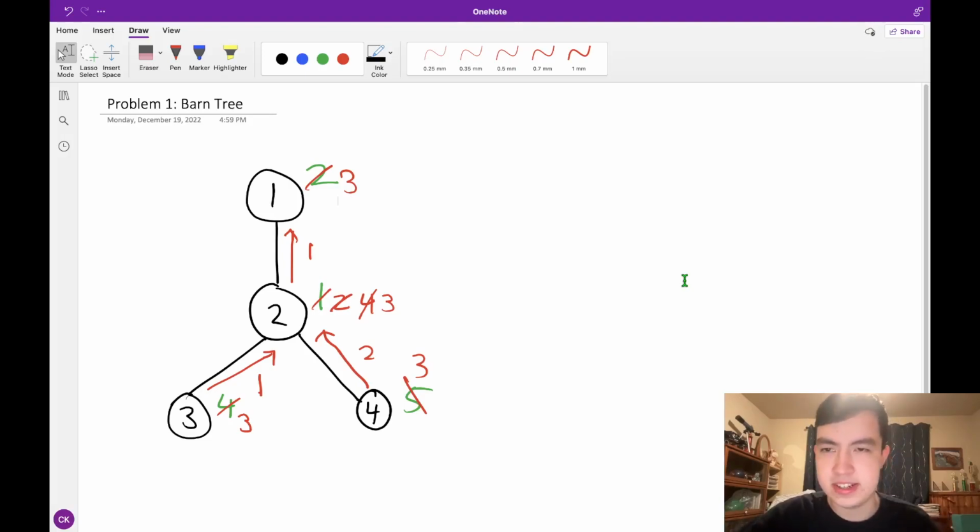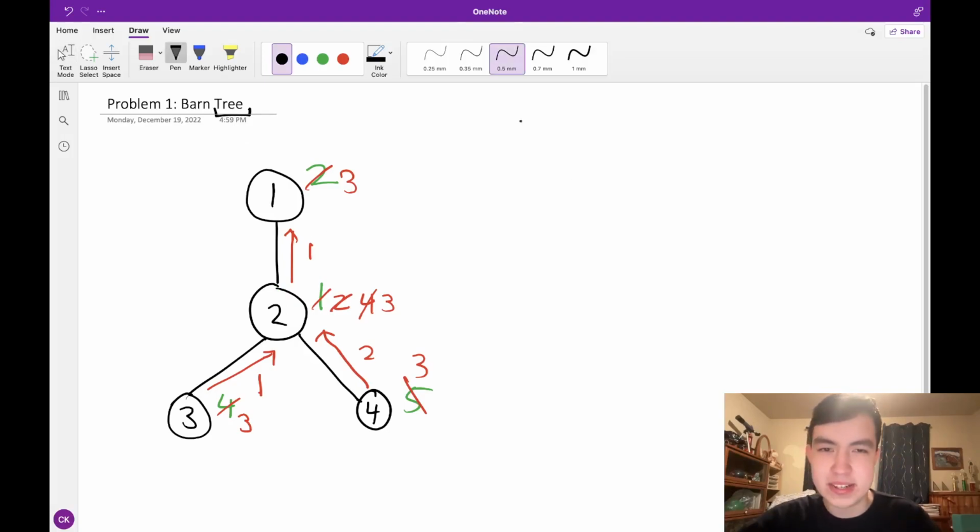The first thing to notice with this problem is that it is a graph problem, where we're given some nodes, which are the barns, and some edges, which are the roads between the barns. In fact, this is a special case of a graph problem, where we're given a tree, as implied in the problem name.